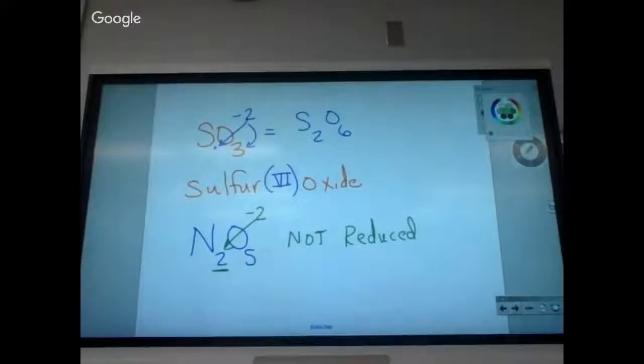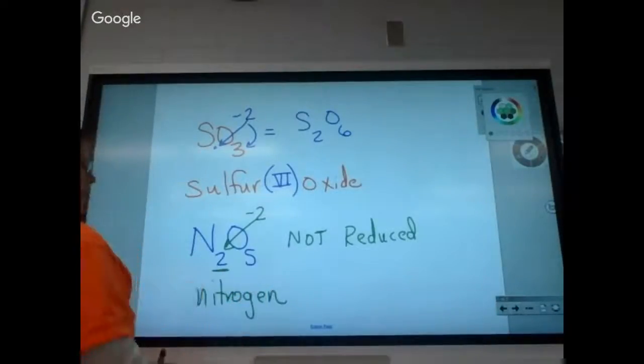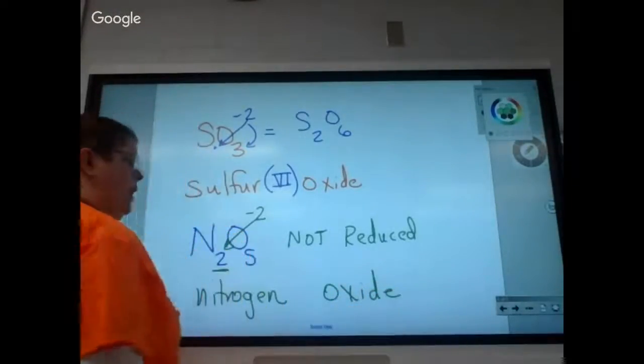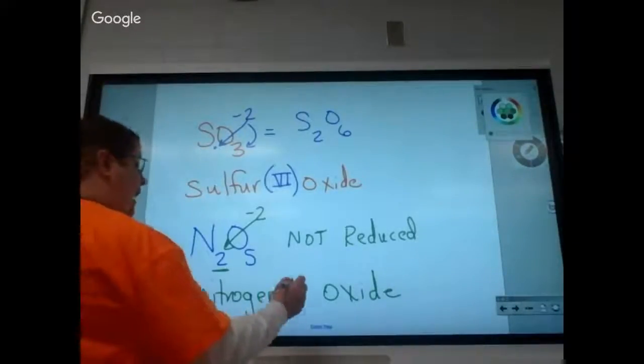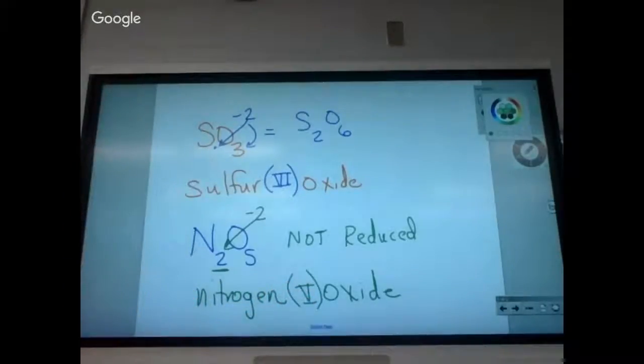No. There's no need for that. So I write nitrogen. All right. What's O? Oxide. And what is its Roman number? What came from N? The 5. I don't have to figure out what it used to be because it never reduced, because the 2 is still part of the formula. Do you see the difference?